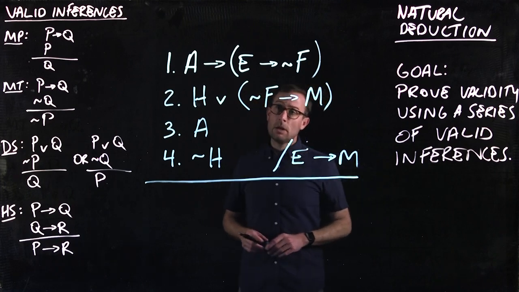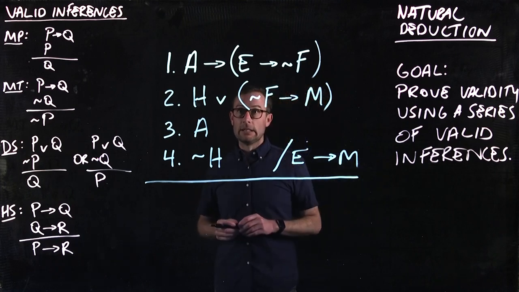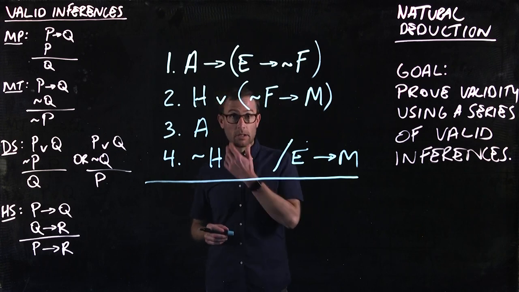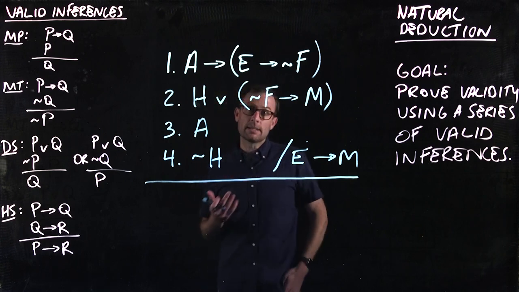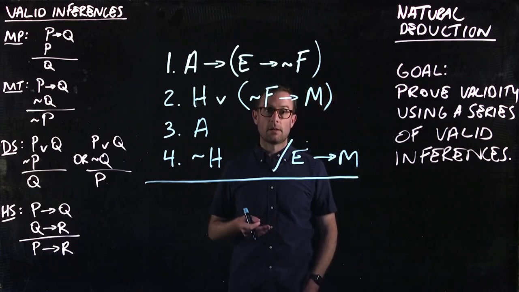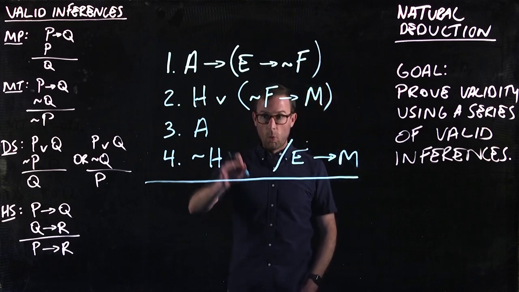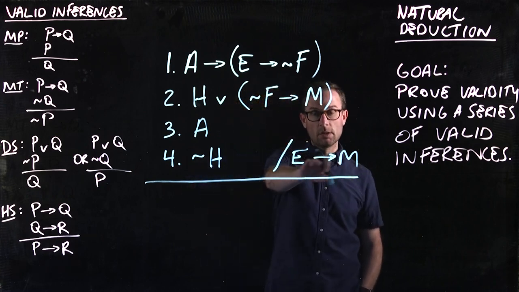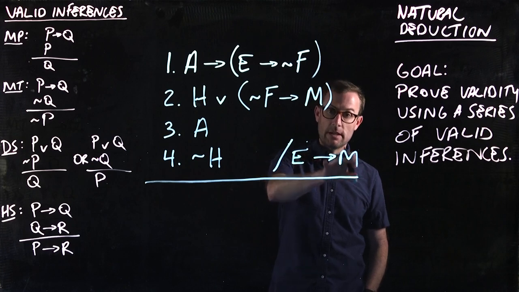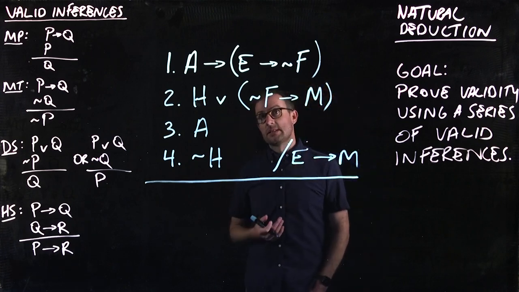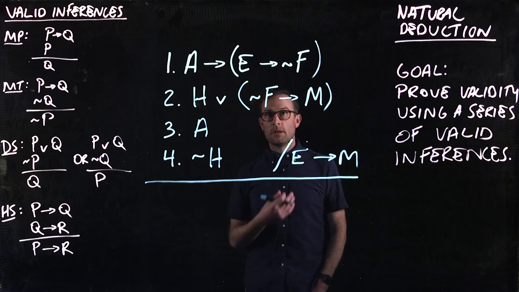Okay, now looking at the argument that's given here, we have 4 premises and our conclusion. What I like to start with, when I begin to think about ways of starting the proof, is I look at the conclusion. Our conclusion in this argument is if E then M. And I just like to look through the premises to see where those letters are, independent of the symbols.